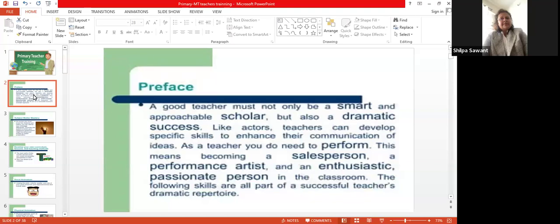The teacher has to be approachable, a scholar, a dramatic, an actress. So I always tell my teachers: be Shah Rukh Khan, you are having this audience, and you give them a different kind of entertainment, but also an educative entertainment.